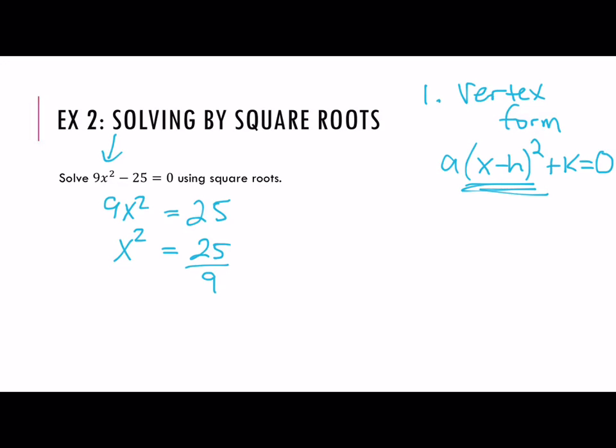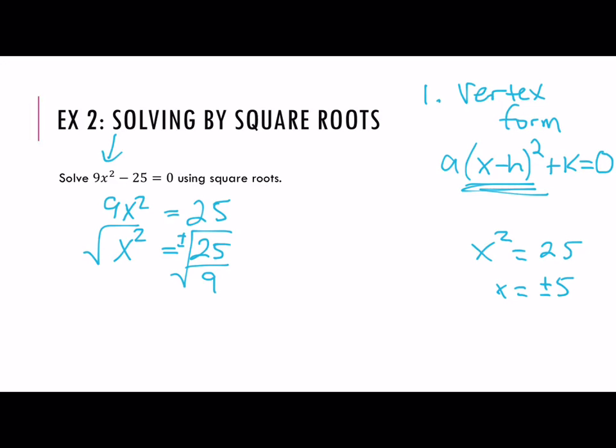Okay, and then now I'm going to square root both sides of the equation. All right, and right away here I would put in a plus or minus sign, because when you're solving squared equations, there are always two solutions. So, for example, if we had x squared equals 25, then I know that x could either be positive 5 or negative 5.